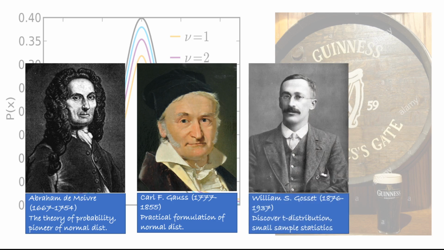Next, we have William Gosset, who was the statistician working at the Guinness Brewery in Ireland. He developed the concept of inferential statistics using small samples and discovered the very important t-distribution in statistics.